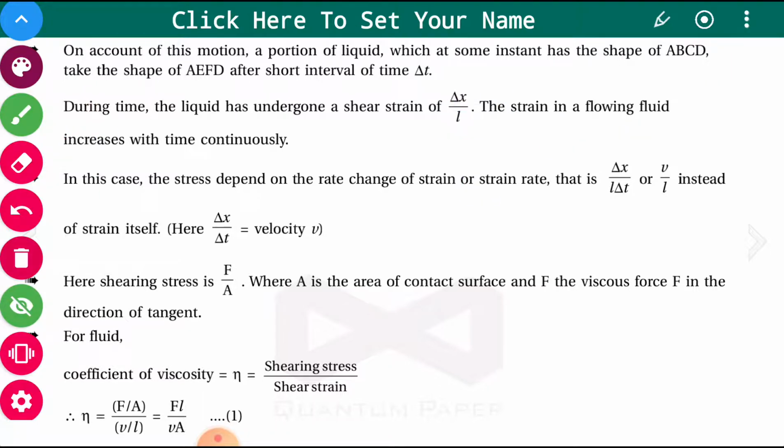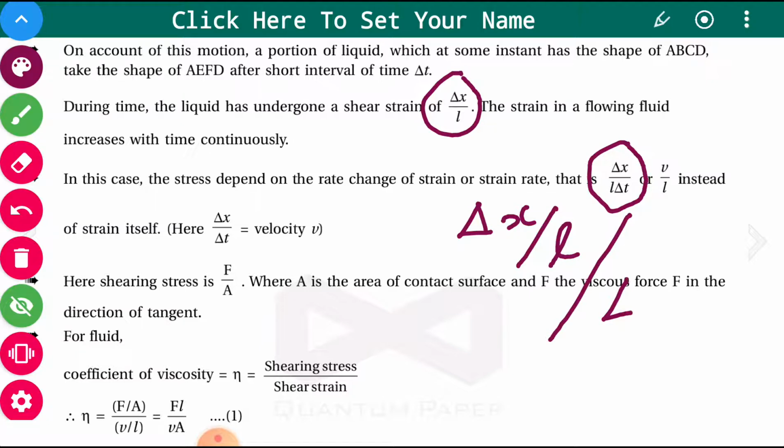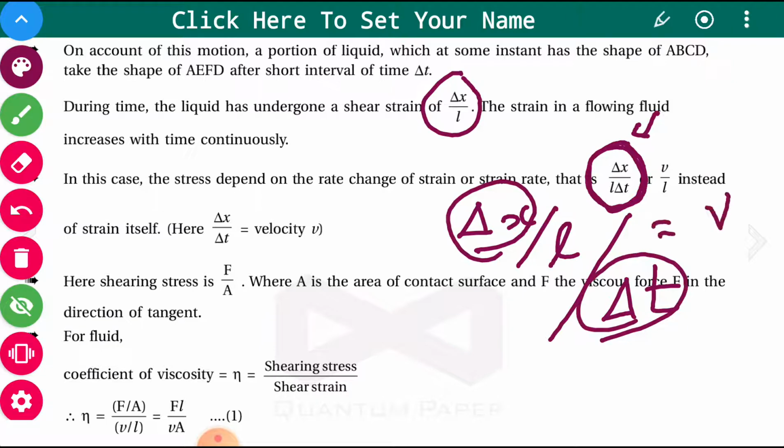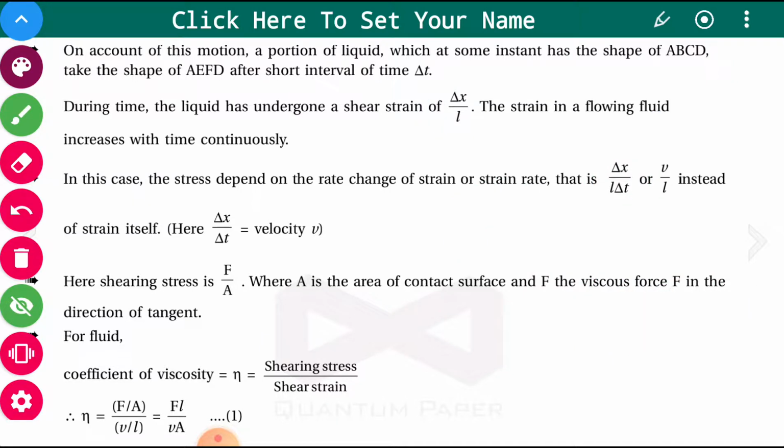So the rate of change is taken: delta x upon L is the strain, but we take delta x upon L upon delta t, that is the rate of change of shearing strain, which can be written as delta x upon L delta t. Now delta x upon delta t is nothing but V. So V upon L is the rate of change of strain.